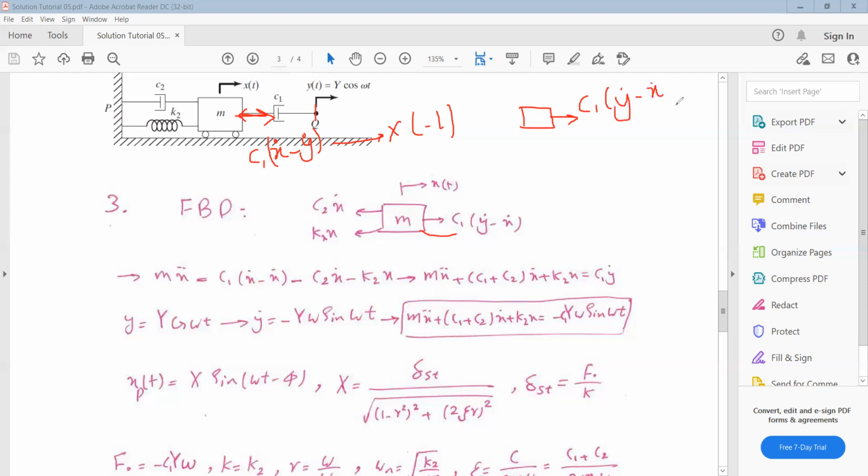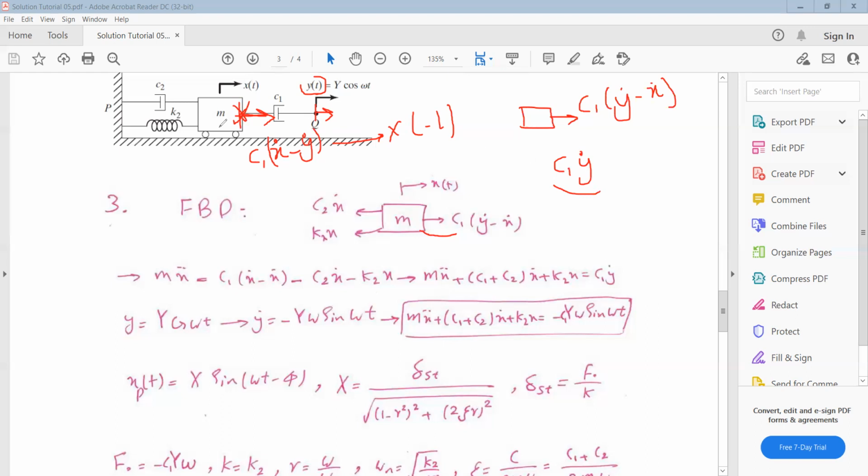This time if we assume that this edge is fixed, the force in the damper will be in the right direction because of the motion of point Q, and the force is equal to C1 times y dot. Now we are assuming that this edge is fixed, so the force in the damper when we are pulling at point Q is equal to C1 y dot.